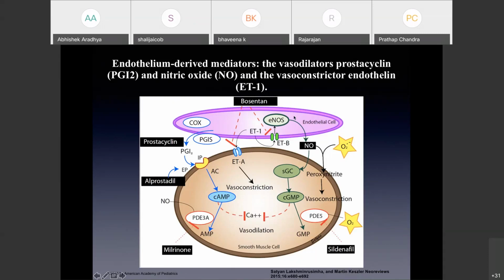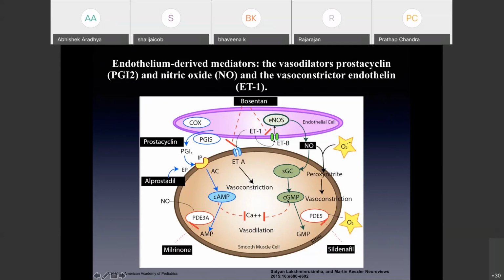On the right-hand side, you have endogenously present nitric oxide, which with the help of endogenous nitric oxide synthase works on soluble guanylyl cyclase and results in the formation of cyclical GMP.